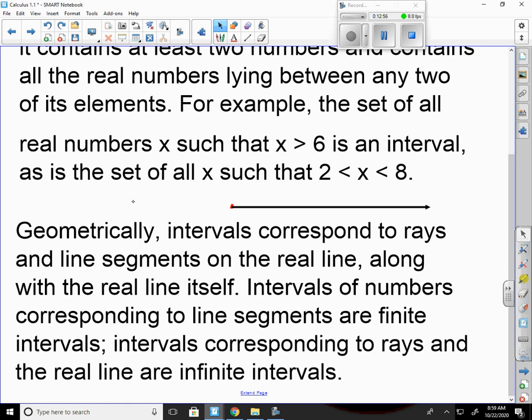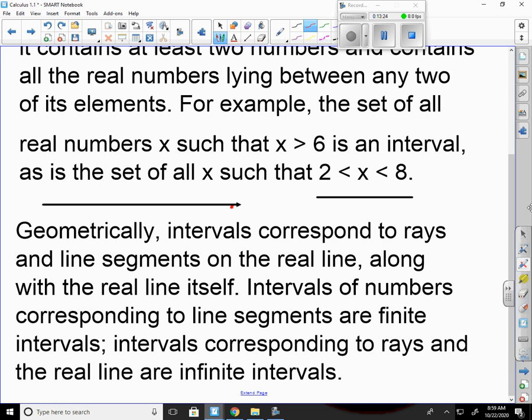Segments had endpoints on both ends. They came to a stop in both directions. So segments are finite intervals. That would be like 2 less than x less than 8.